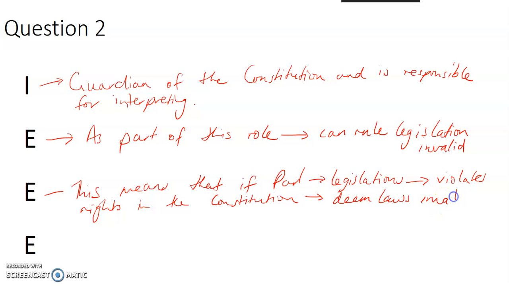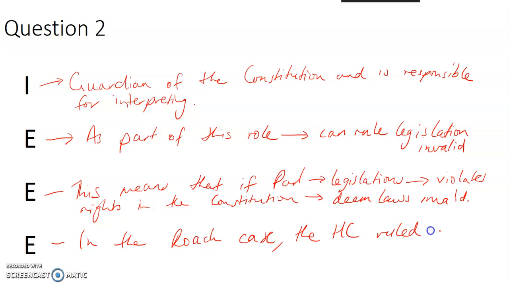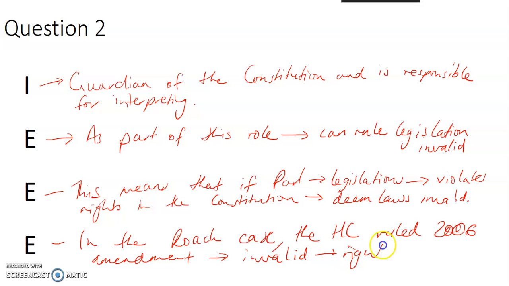And the example that you can use, for example, in the Roach case, the High Court ruled the 2006 amendments to the Electoral Act invalid because they violated to too great an extent the right to vote.